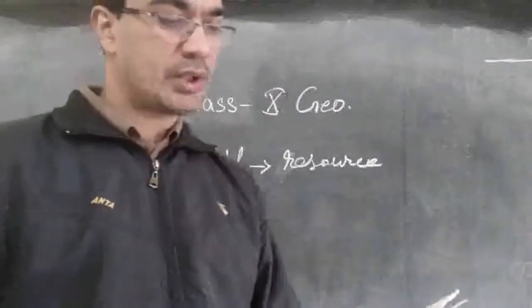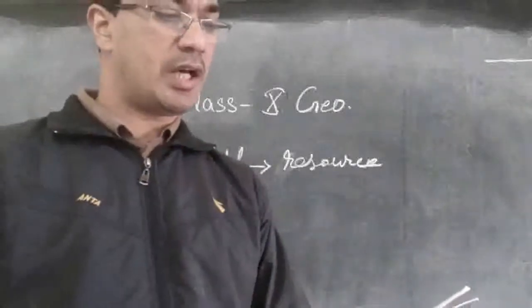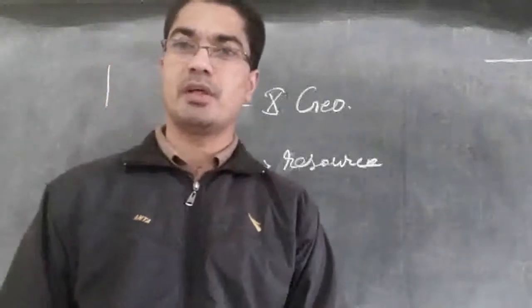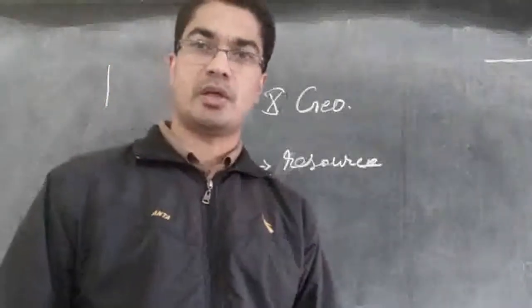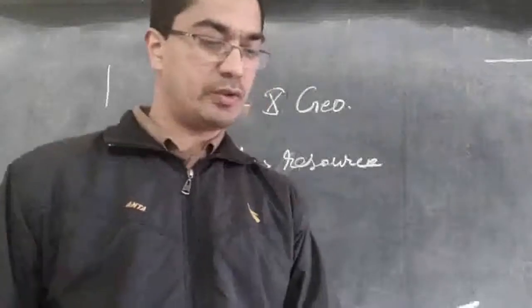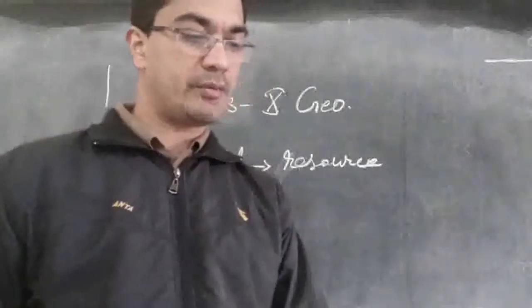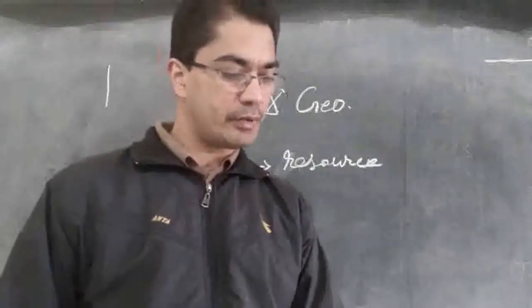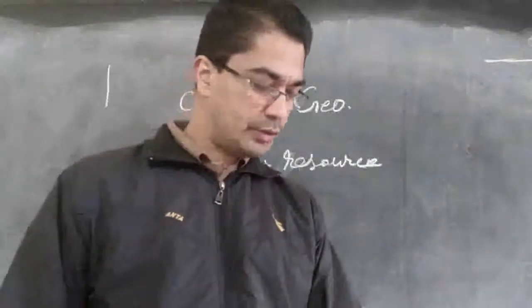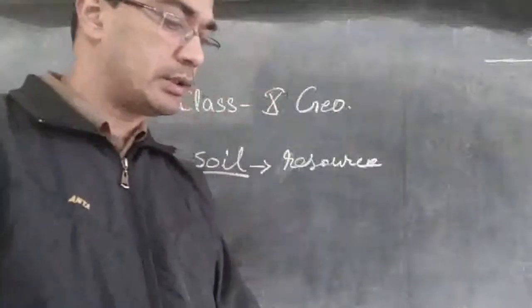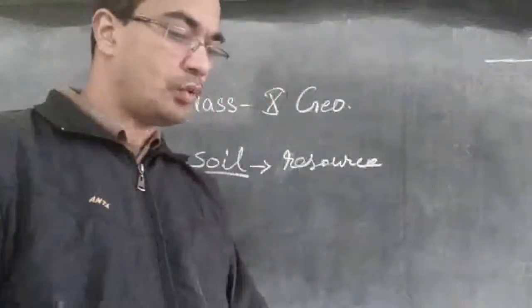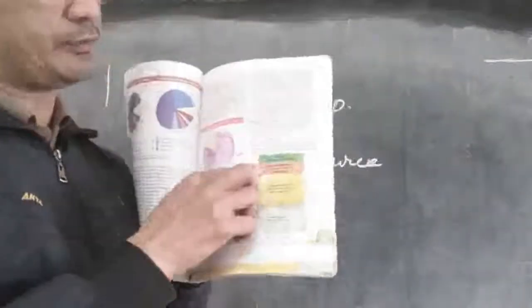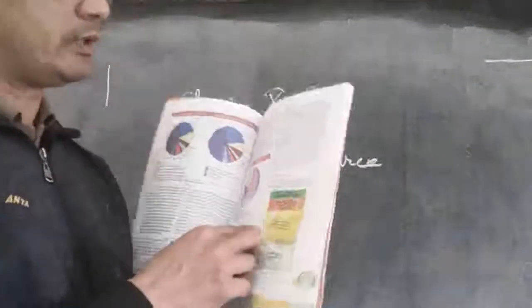And soil also consists of organic and inorganic materials. So in the soil there will be organic and inorganic materials. Organic means living beings like humus and so on. Then you can see also in the picture 1.6 in the previous page. You can see here how the soil structure is.